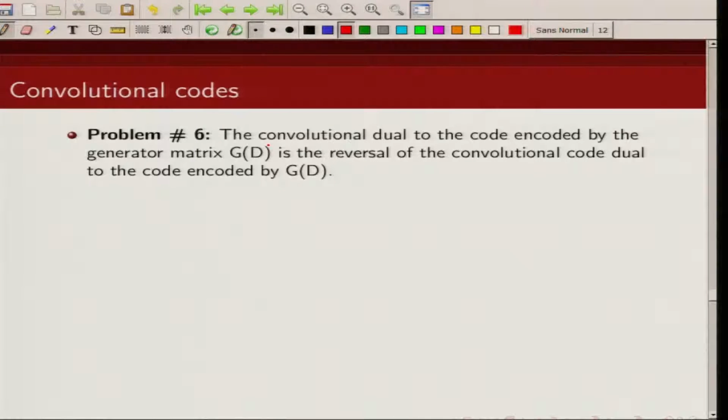So, here we will show that the convolutional dual to the code encoded by the generator matrix G(D) is nothing but reversal of the convolutional code dual to the code generated by G(D).